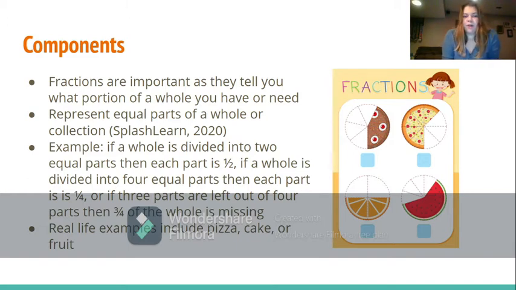If 3 parts are left out of 4 parts, then 3/4 of the whole is missing. So if I were to put these pieces back together and take away 3 parts, then 3/4 of the whole is missing. Real-life examples include pizza, cake, and fruit, like in the worksheet to the right.